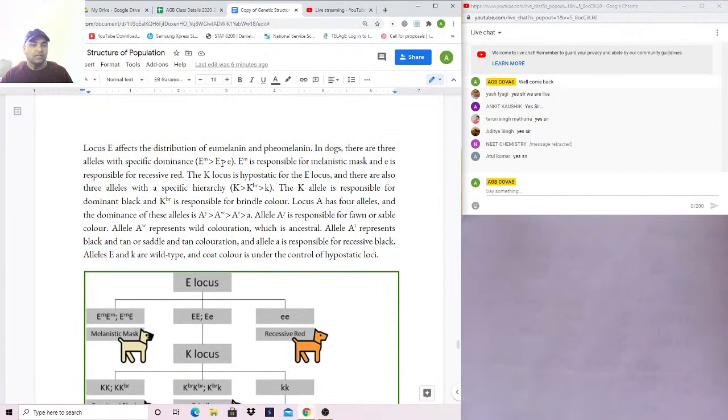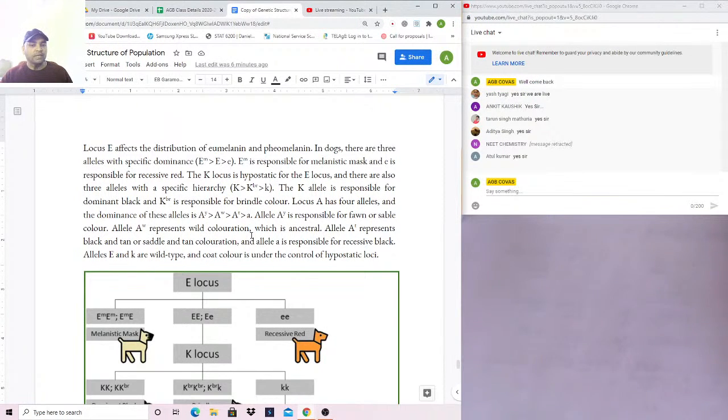For E there are three alleles, and this is the order of dominance: EM is dominant to E, and E is dominant to small e. Similarly, K is dominant to KBR, and this is dominant to small k. For the A locus there are four alleles: AY is dominant to AW, which is dominant to AT, which is dominant to A.